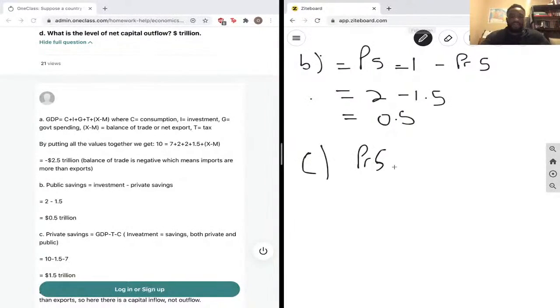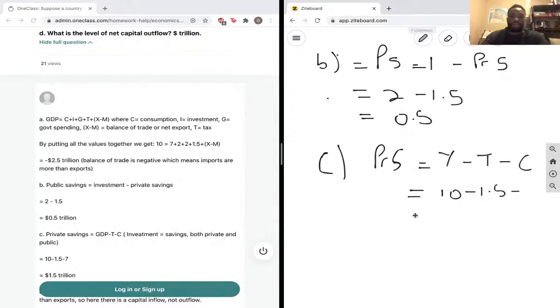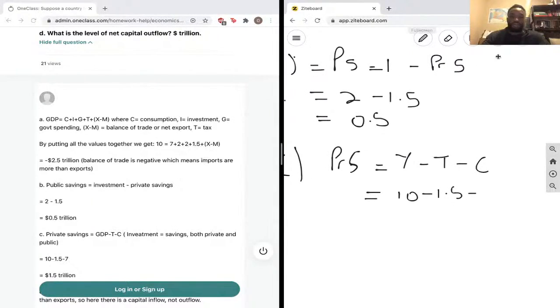So private saving equals GDP minus tax minus consumption, which is equal to 10 minus 1.5 minus 7, and this is equal to 1.5, and that's 1.5 trillion.